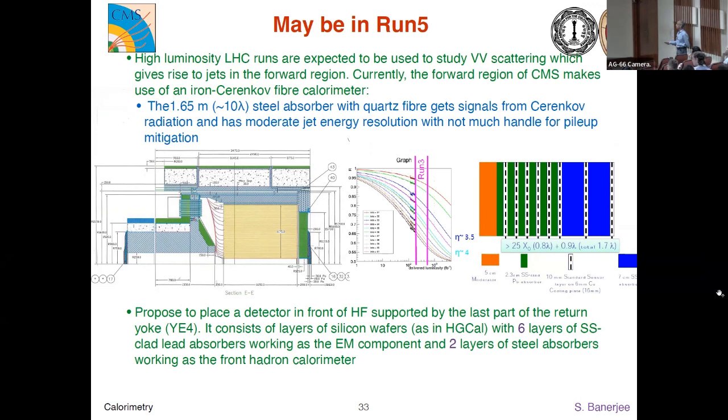And if you go to the end of run 3, the end of run 4, and particularly even run 5, I think the HF, particularly at very small eta, will be like EE at the end of run 2.